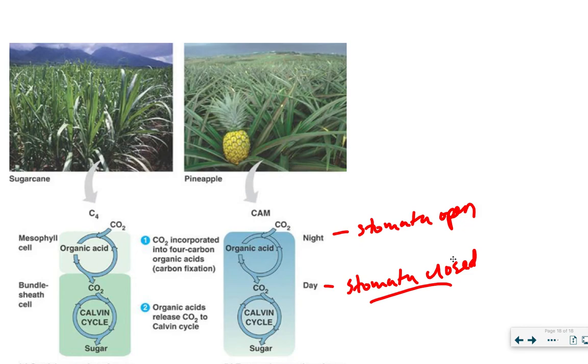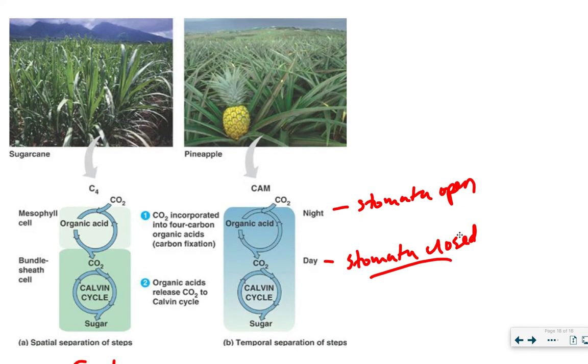The other modification that some plants have made is instead of a spatial separation of carbon fixation, it's a time of day separation of carbon fixation. These plants are called CAM plants.